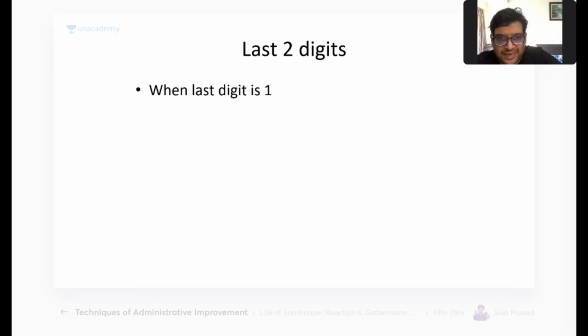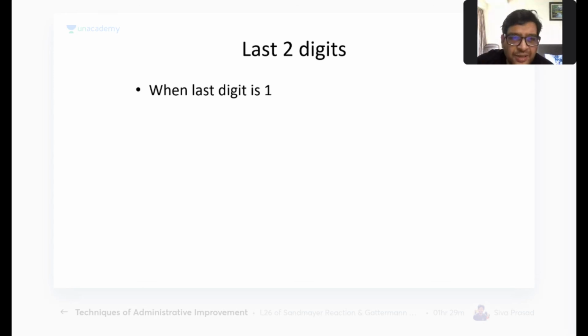Okay. So what happens in the next case when the last digit is 1. So this is another case that I wanted to discuss with you.